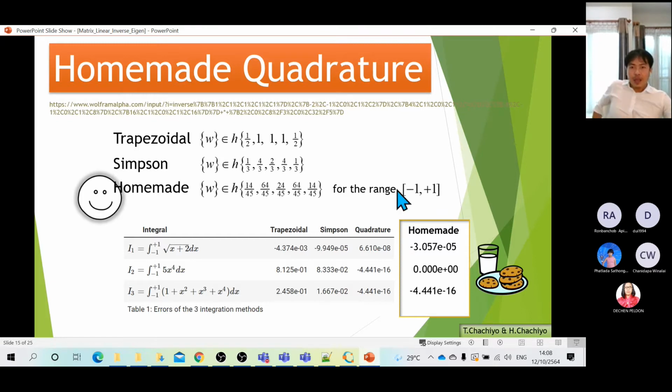Because the sampling points we are using in the homemade quadrature are still evenly spaced. But if we do something differently, we may get a better answer. What is that? How would we make it better?